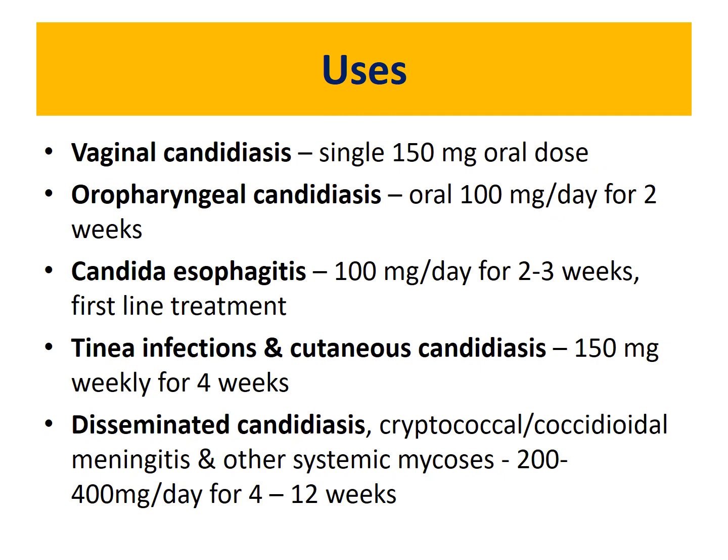Coming to the uses of fluconazole. First, vaginal candidiasis, oropharyngeal candidiasis, candidal esophagitis. Then tinea infections and cutaneous candidiasis, where you should give the drug for at least 4 weeks, plus disseminated candidiasis. The dosage is not very important for you at this stage, but know what the uses of fluconazole are.